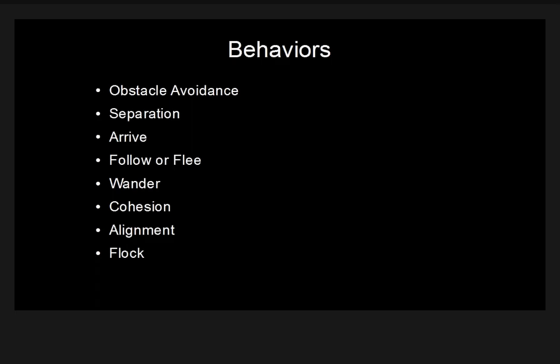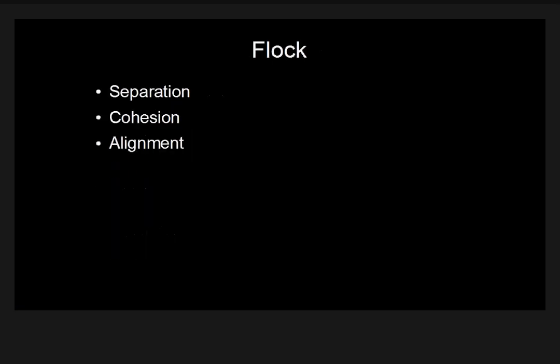Alignment is used to go in the same direction as the nearby agents do, and then we have flocking. But flocking is not really one behavior. Flocking is a combination of three behaviors: the separation, the cohesion, and the alignment behavior. And with these three distinct behaviors, we get a complex flocking behavior seen in our bird flock example.